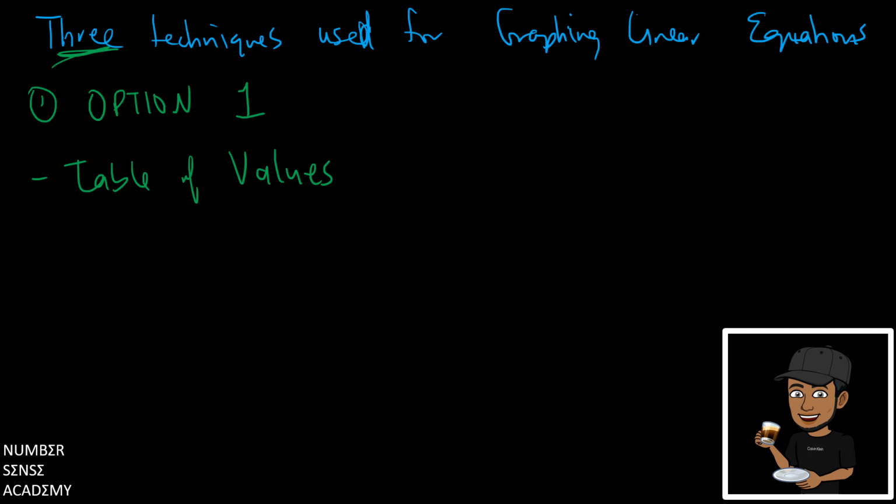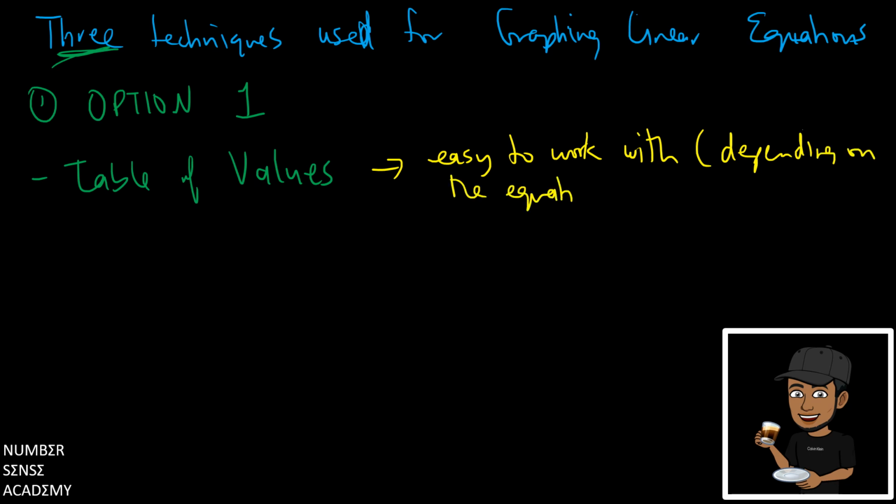The thing with tables of values is that they can be easy to work with, depending on the equation that you get. Equations with decimals and fractions, not so much. It doesn't work well with those.